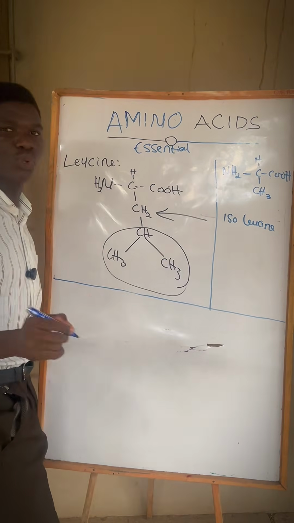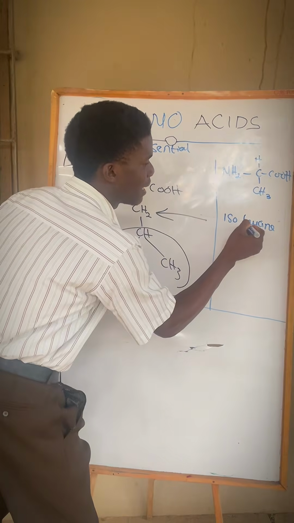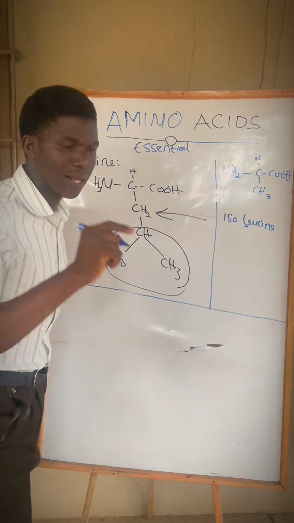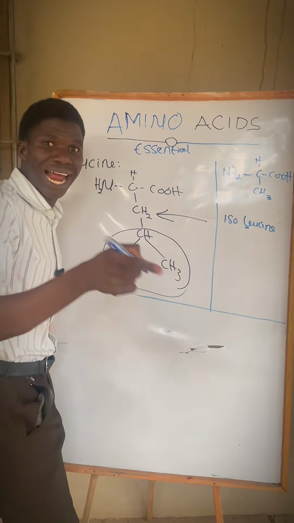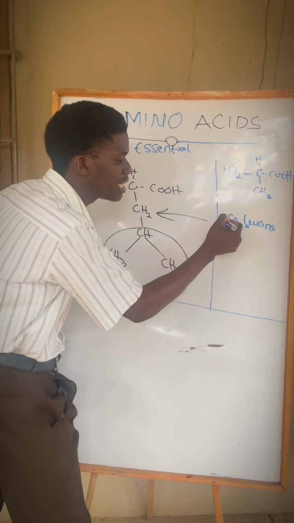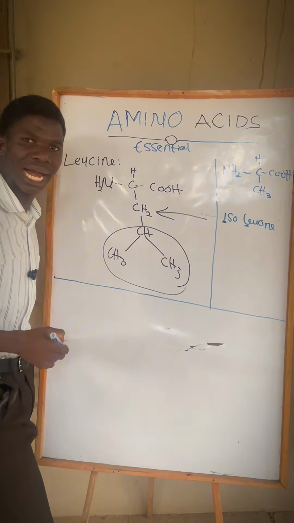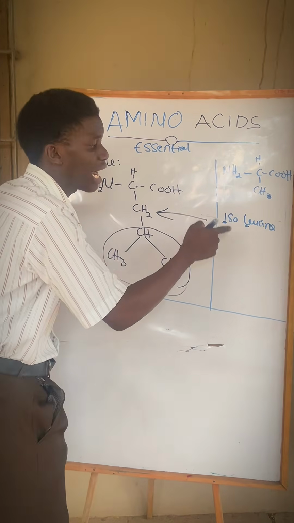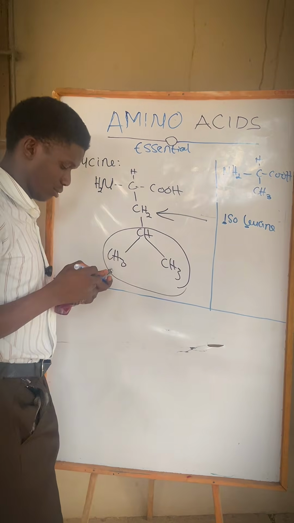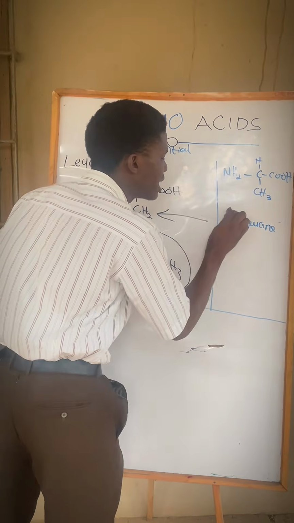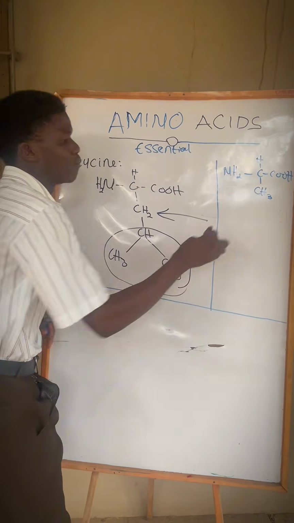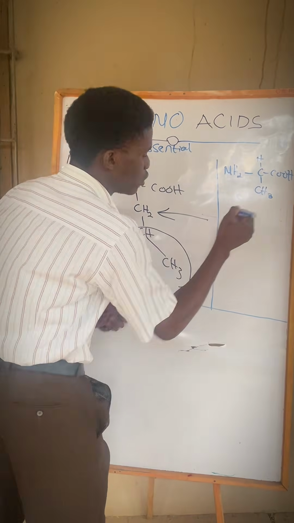What isoleucine will do is add an L to this structure, which is from leucine, and from iso, it is going to add another I. Isoleucine will add L and I. So where is the L? The L will just be here.